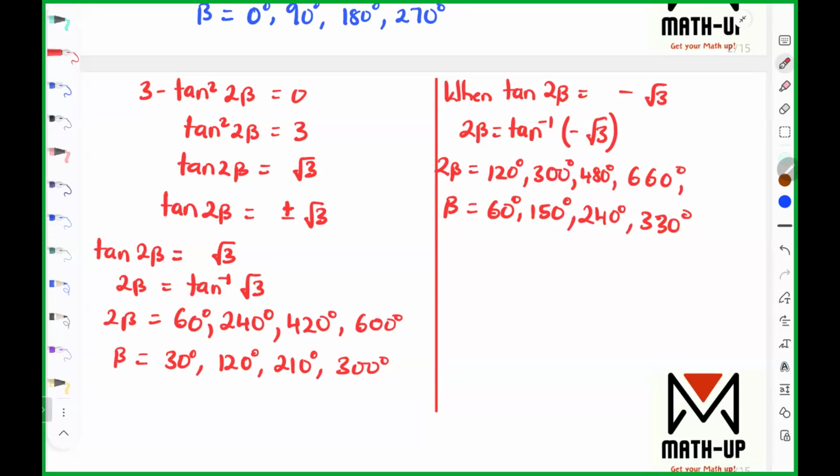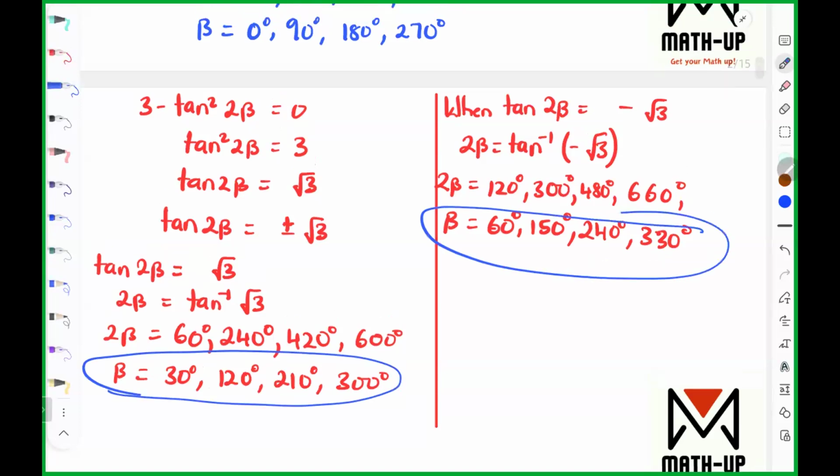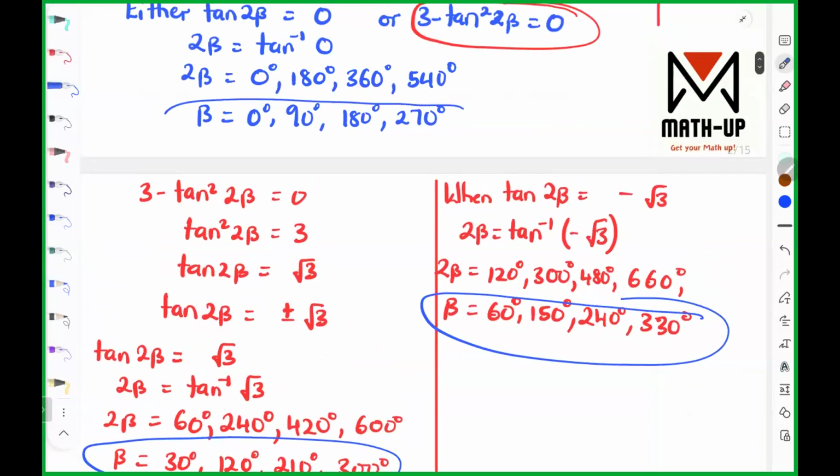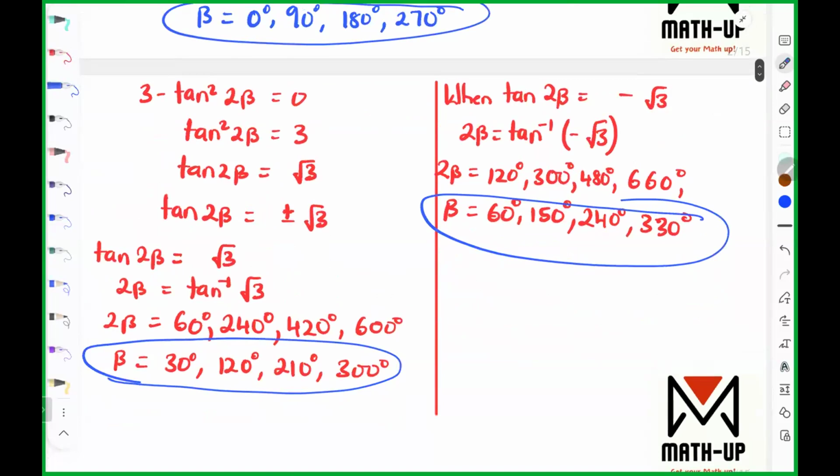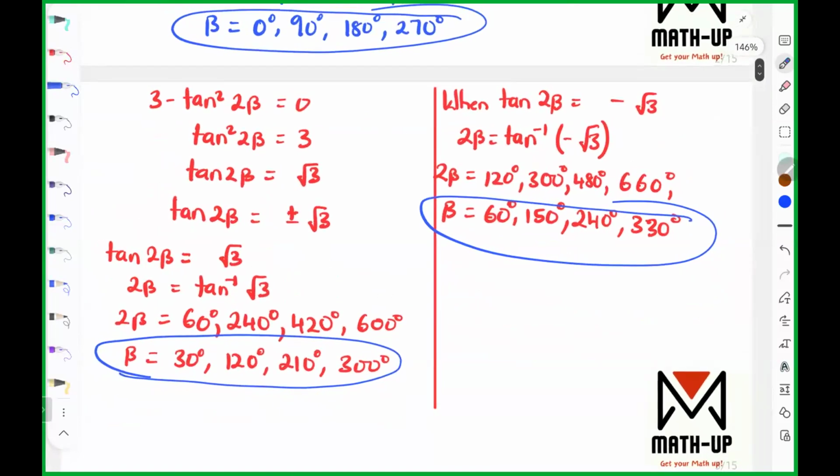So I'll conclude by listing all the angles I've got. My final answer, I can arrange them in ascending order.